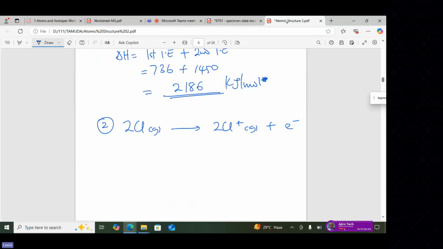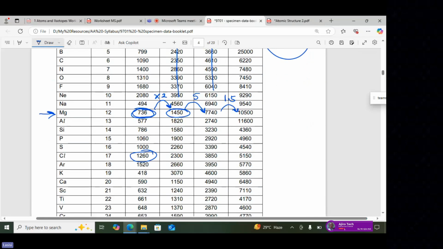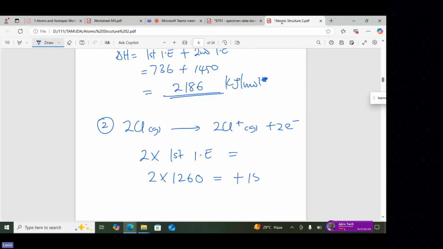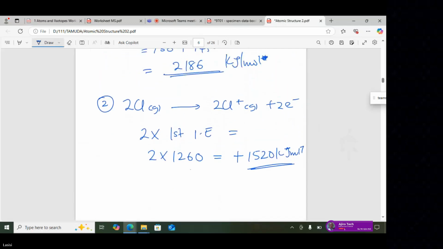Chlorine's first IE is 1260, so 2 times 1260 is 2520 kilojoule per mole.